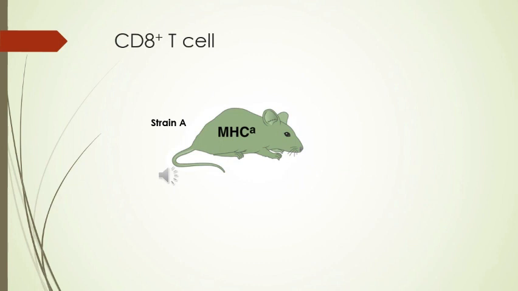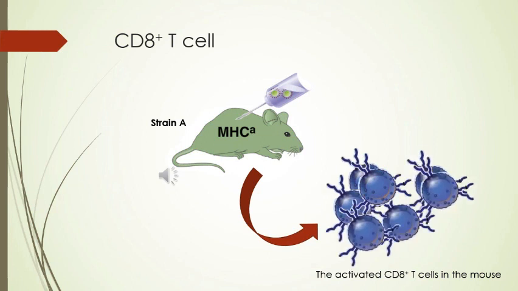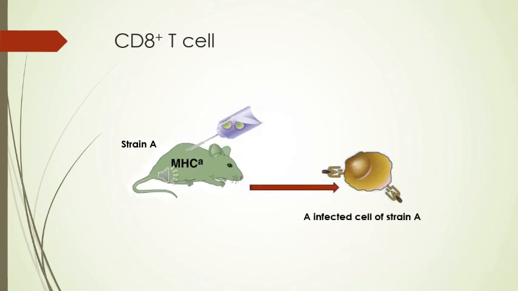After a mouse is infected with a virus, cytotoxic T lymphocytes, the activated CD8 positive cells against the virus, can be seen a lot in the animal. The target cell from the same mouse, strain A, infected with the virus, presents MHC1 of strain A and the peptide antigen of the virus on its surface.